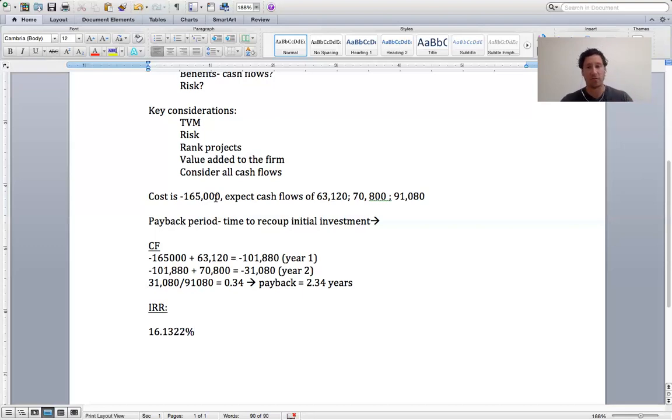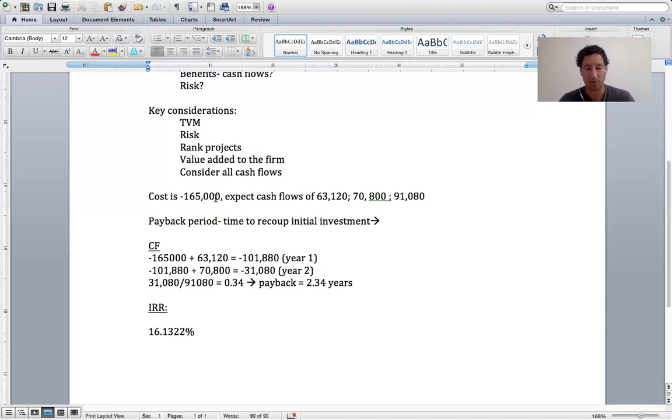What we just solved for in the last section was our WACC, weighted average cost of capital. Usually that's what you use as your discount rate. That's the cost for the firm to get their capital. So that's the appropriate discount rate to use when considering these projects. So for this one, let's say it's 14%.